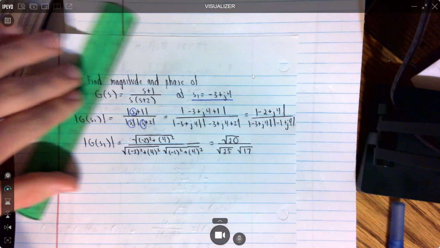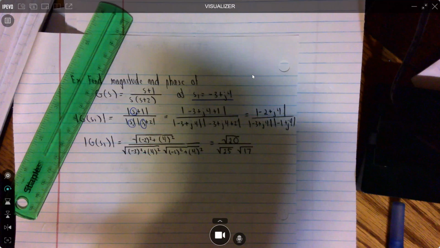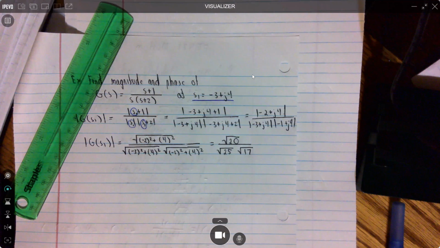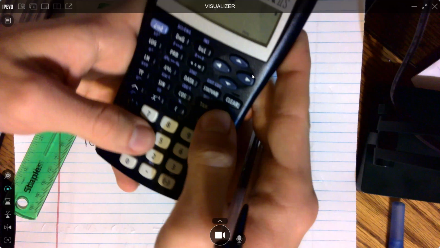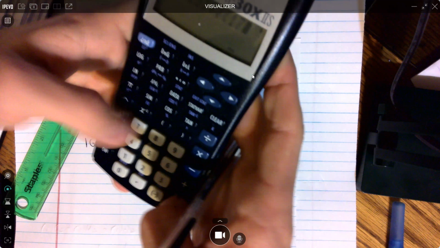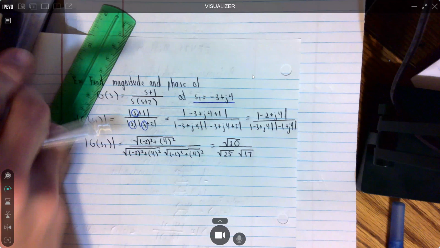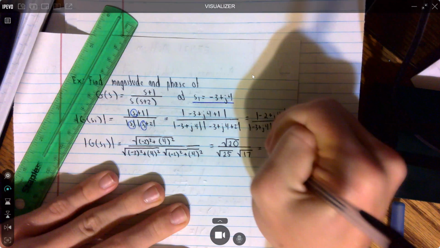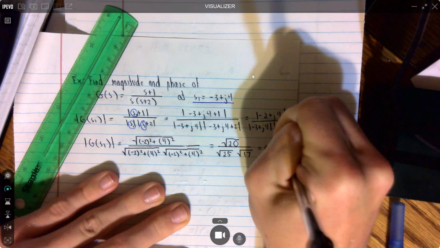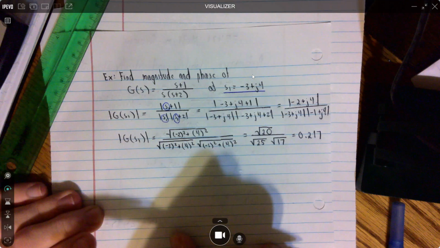When you plug this into your calculator, square root of 20 divided by square root of 25 times square root of 17, you're going to get 0.216, basically, 0.217 if you round. Okay, so we found the magnitude, and now we need to find the phase.